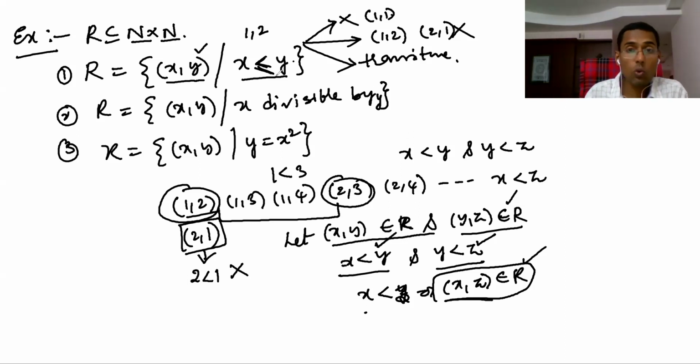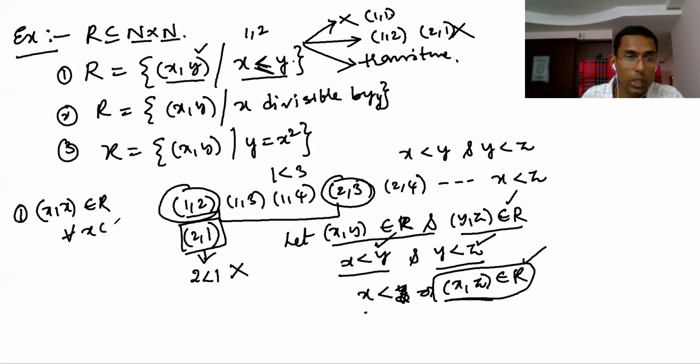If I take less than or equal, what will happen now? Less than or equal, less you can write, equal also you can write. So how do you check reflexive first? Simply write: (x, x) belongs to R for all x belonging to N. Whatever natural number you take, 1, 2, 3, 4, for every natural number (x, x) will be there in R, because x equal to y is no problem, x less than y is also no problem.